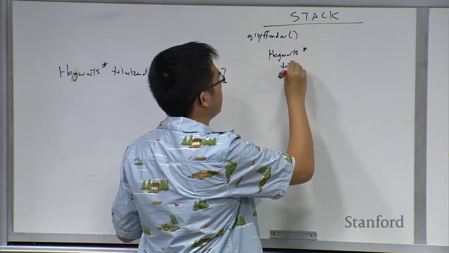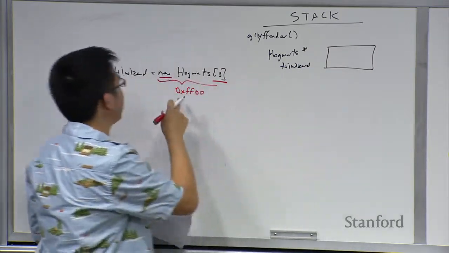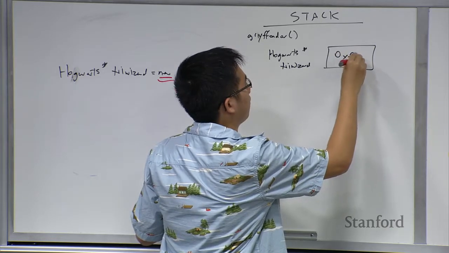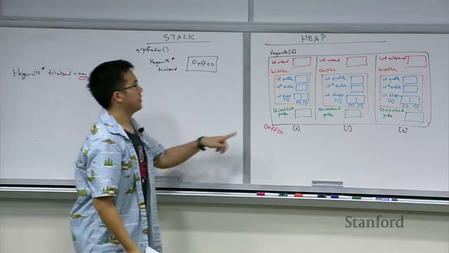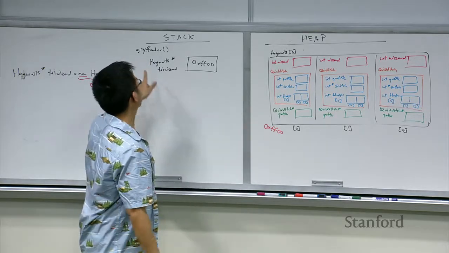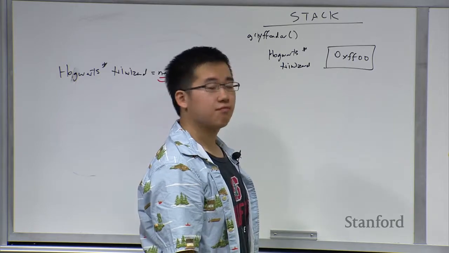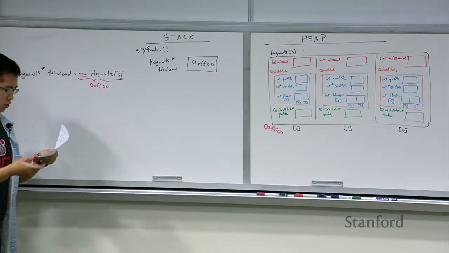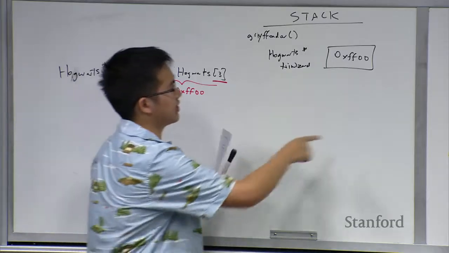Hogwarts try wizard is on the stack, and we're gonna give it the value 0xff00. So remember, this is the Hogwarts array, and we give it the address 0xff00. Now that we're done with that, this is pointing to this thing over here.